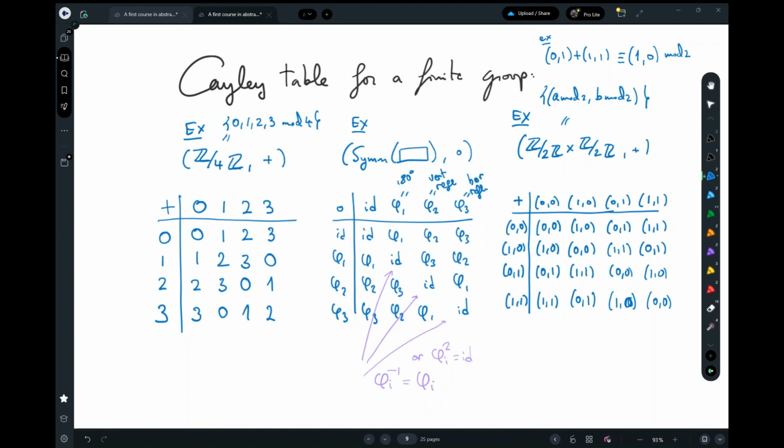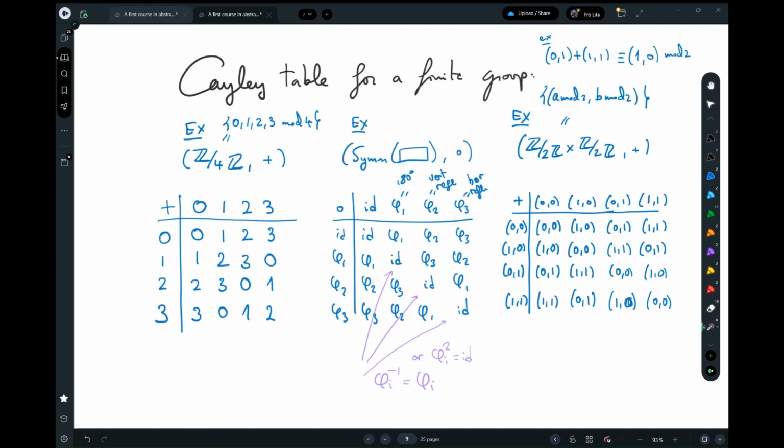And now, what I want to show you, I want to end this video with, is that I can now compare groups and see if they have the same Cayley table. So the elements are named different things, but it could be that if I just rename my elements in a different way or reorder my elements, that I get exactly the same Cayley table, and therefore it would be the same group.